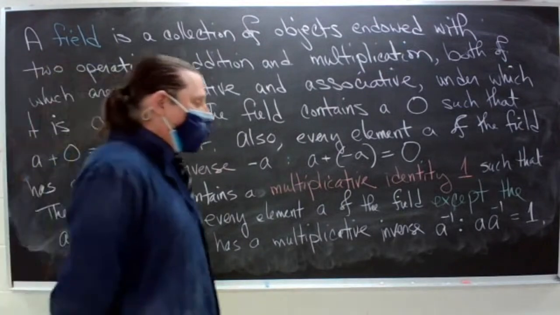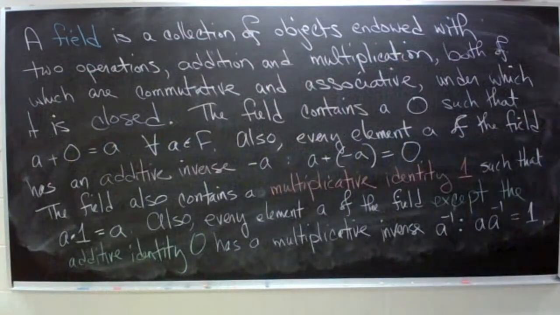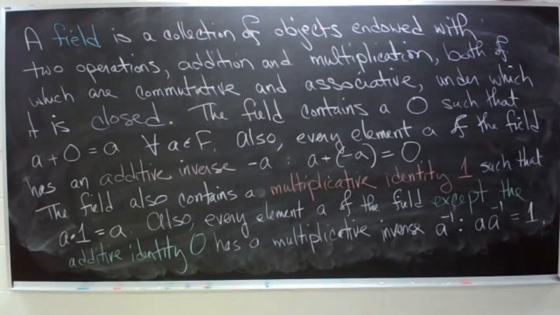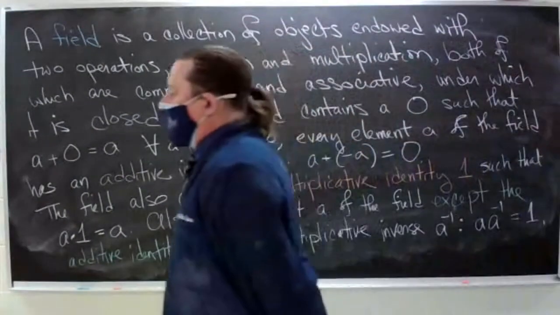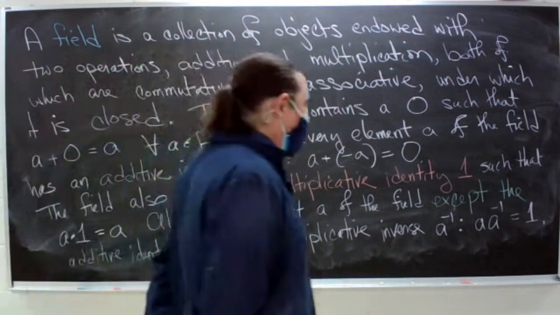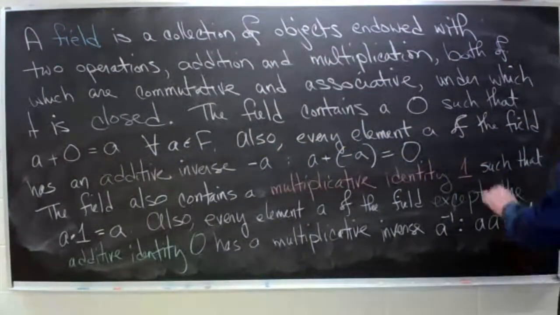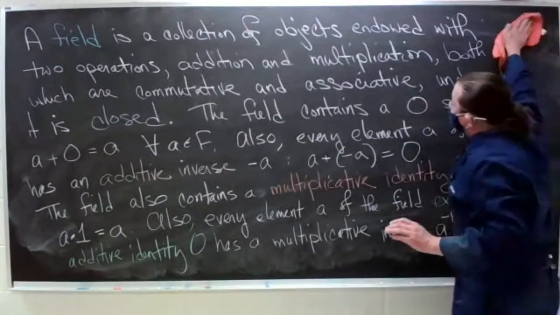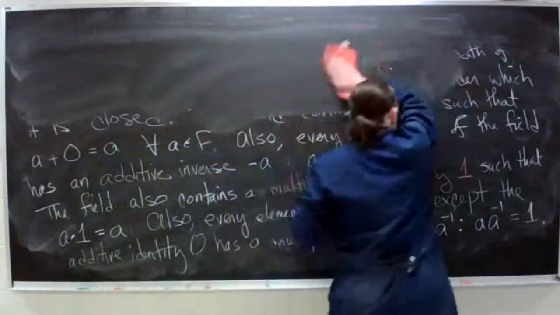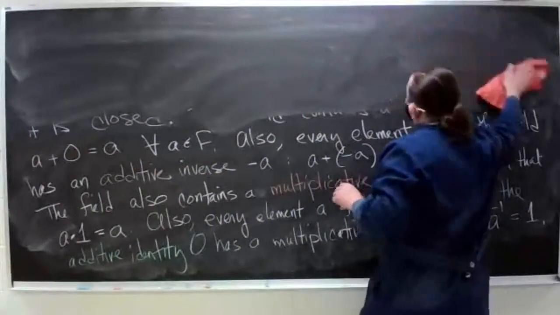So we got all these properties, one more, and that has to do with how addition and multiplication are related to one another. And of course, that's the distributive property. Okay, A times the quantity B plus C is equal to AB plus AC.